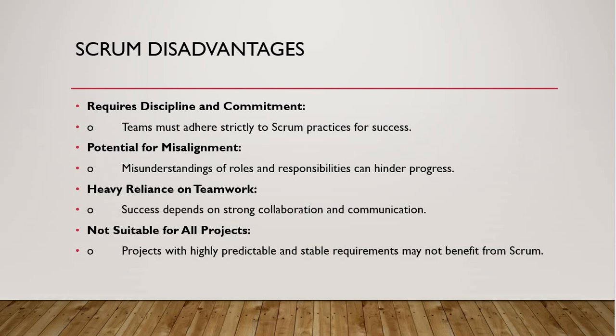So everyone in the team should adhere strictly and be disciplined. And then potential for misalignment, misunderstanding of roles and responsibilities can hinder progress. Heavy reliance on teamwork. The success of each sprint depends on strong collaboration and communication.